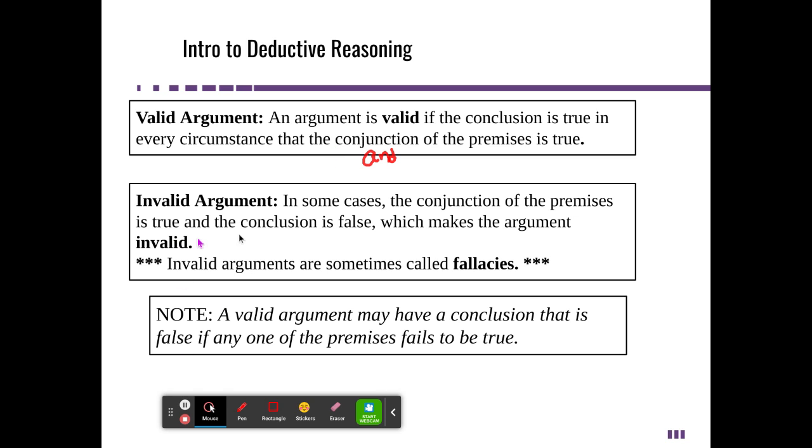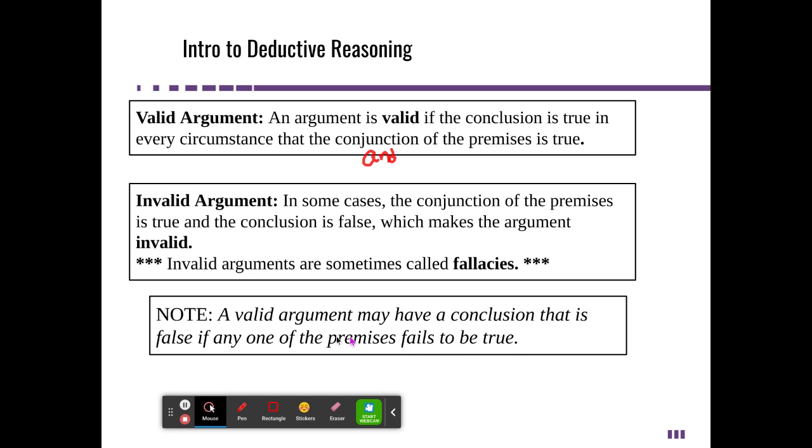All right, invalid argument. In some cases, the conjunction of the premises is true and the conclusion is false. This makes the argument invalid. Invalid arguments are sometimes called fallacies. Note that a valid argument may have a conclusion that is false if one of the premises fails to be true.